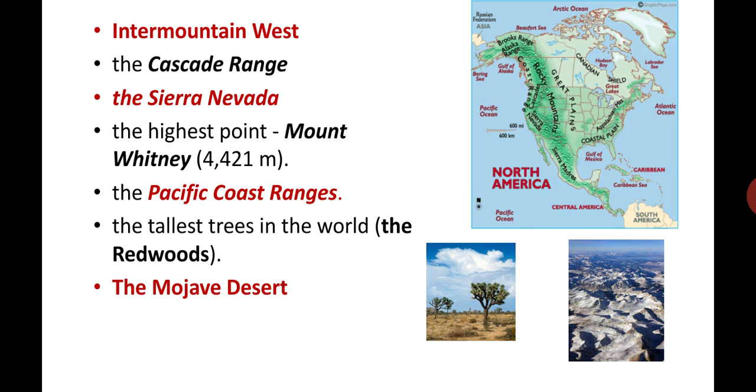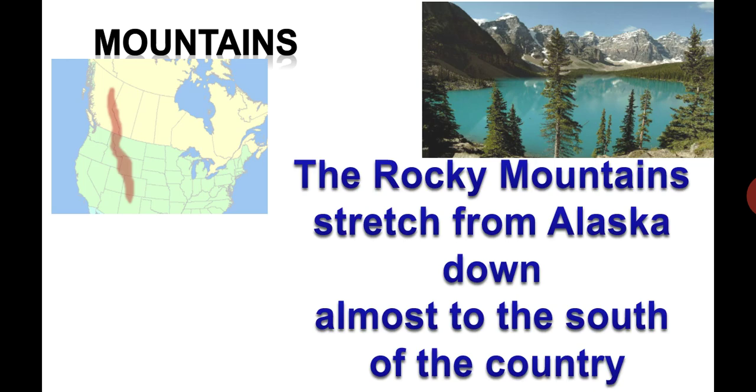The Pacific Coast Ranges are also here. The tallest trees in the world can be found in this part of the USA, in Intermountain West, in the Redwoods. And the Mojave Desert is also here.